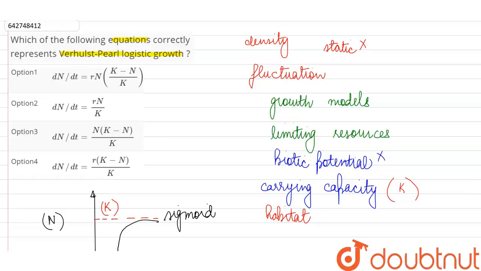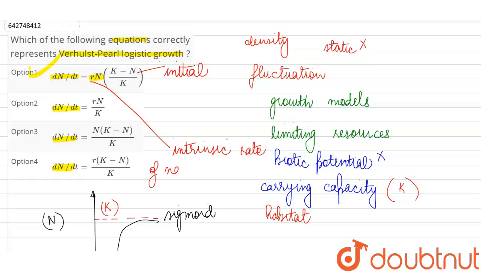And out of these given equations, for the rate of increase of N, that is the population density with time, that is dN by dt, the correct equation is option A, dN by dt equals rN, and then we have to consider this entire term (K minus N) upon K, where K is our carrying capacity, N was our initial population density, and r over here will stand for the intrinsic rate of natural increase, which we are going to obtain by subtracting the death rate from the birth rate.